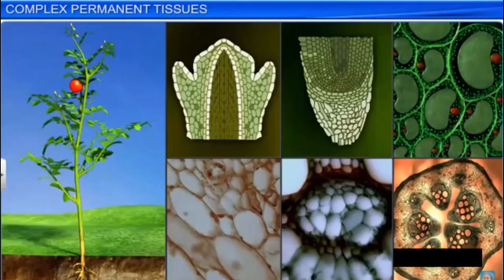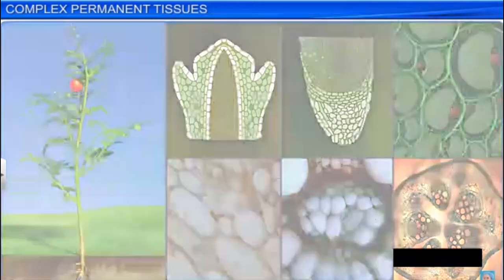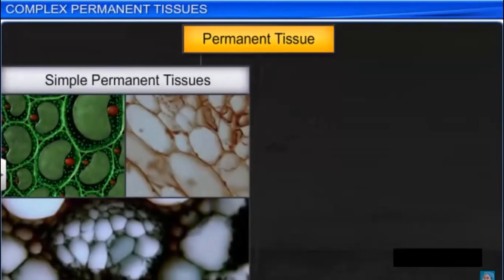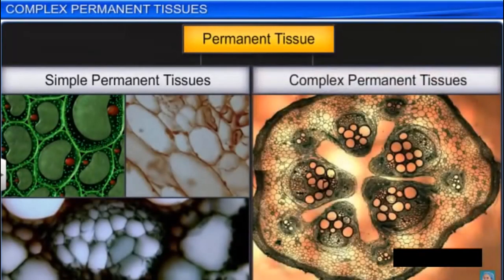Like all living organisms, the cells in a plant are also grouped into various tissues. Permanent plant tissue is a group of cells which are complete in growth and usually incapable of meristematic activity. Permanent plant tissue is of two types: simple permanent tissues, and complex permanent tissues.